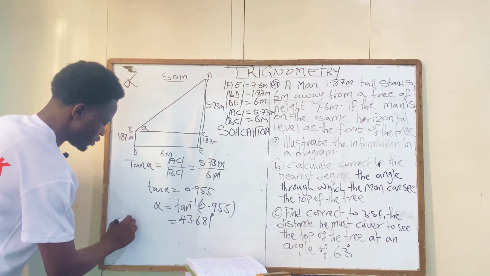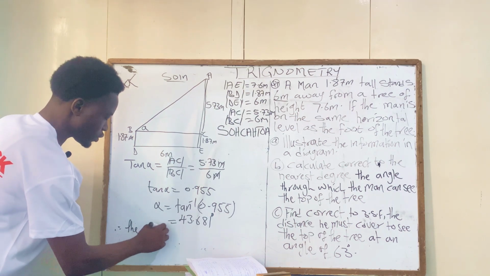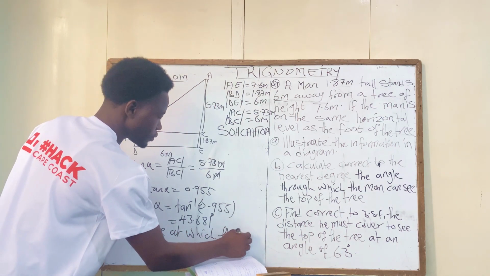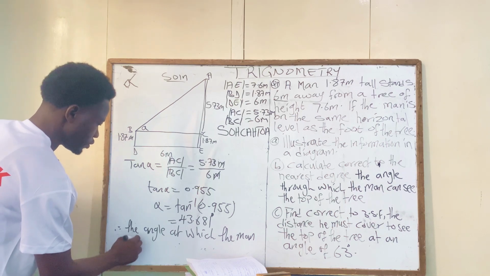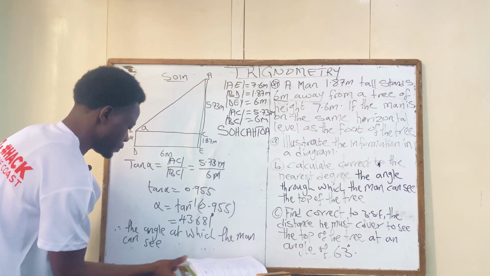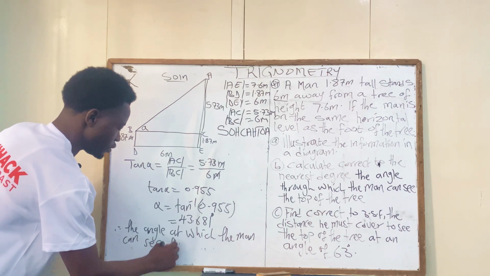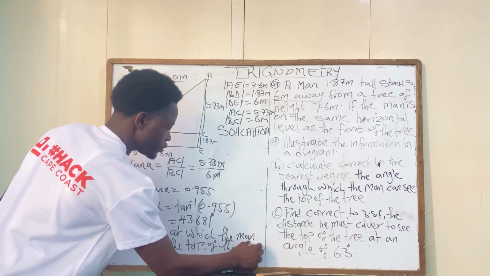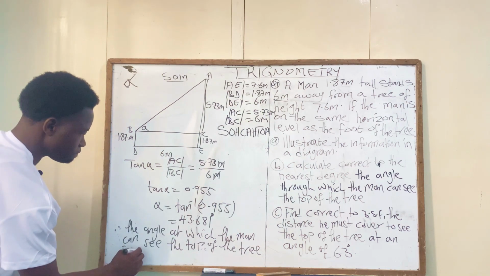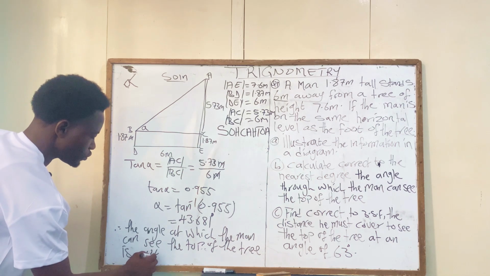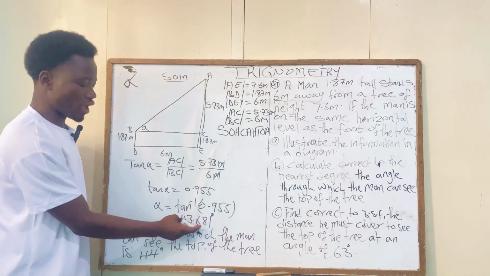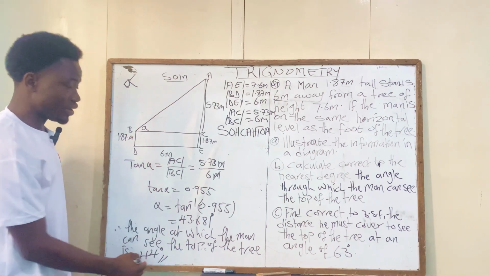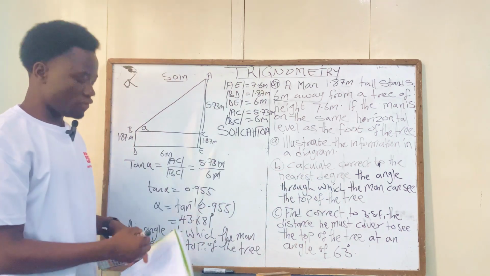So therefore, the angle at which a man can see the top of the tree is 44 degrees, because this value is up to 5, it's more than 5, so I can just round it to get 44 degrees. And that's what the question is asking us to do, correct to the nearest degree.